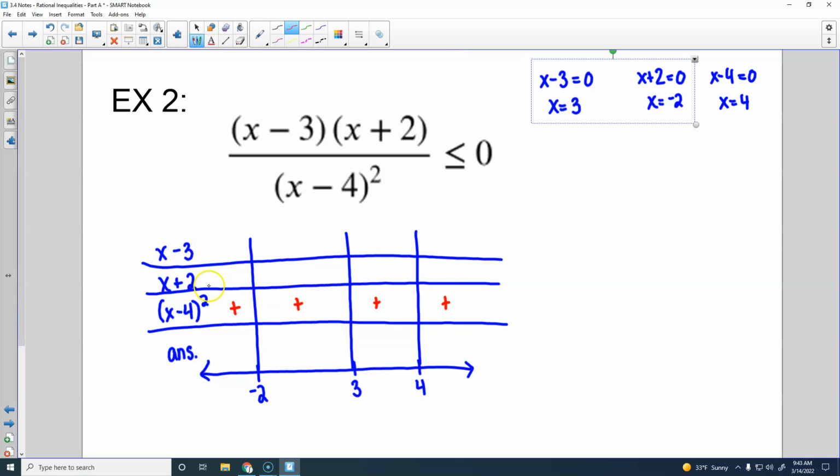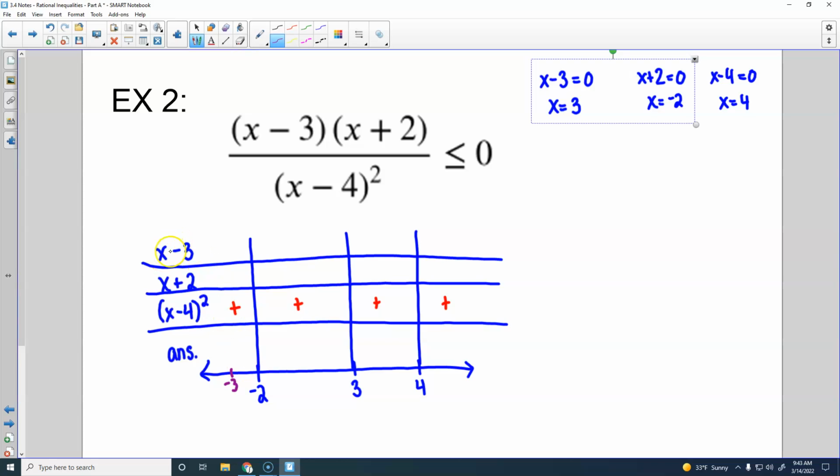So now I'm going to think about the x minus 3. The x minus 3, I'm just going to start picking numbers and plugging them in. So if I'm picking a number less than negative 2, so we're looking at this section right here, I might think of negative 3, right? That falls in this section, or negative 4, negative 5, it doesn't matter. I usually try to pick something small.